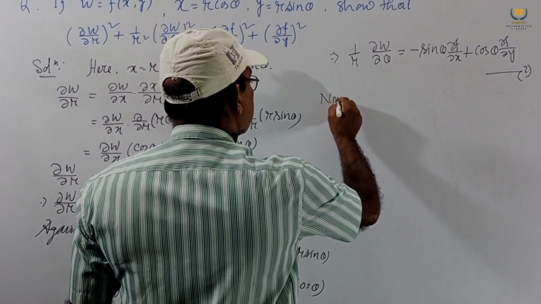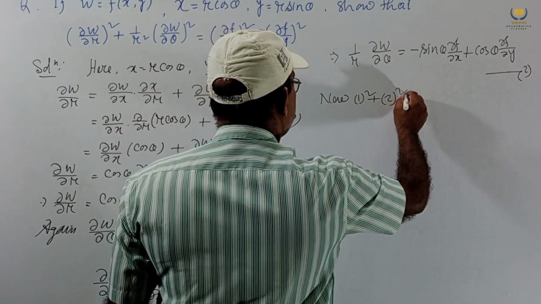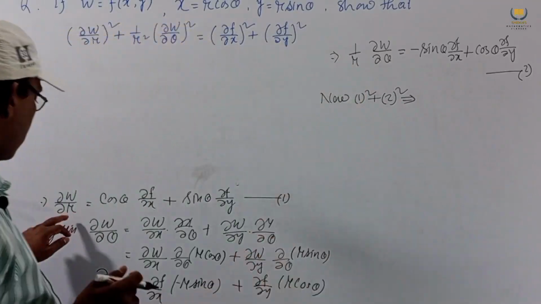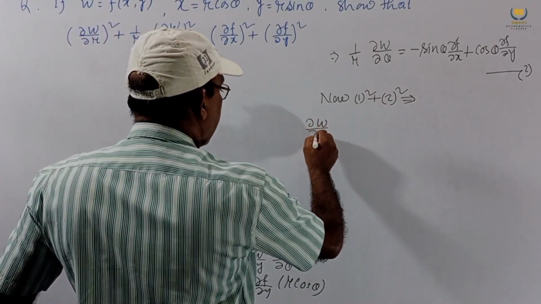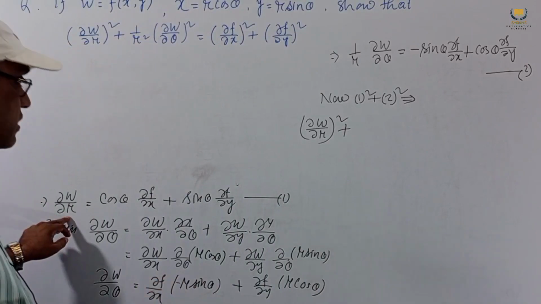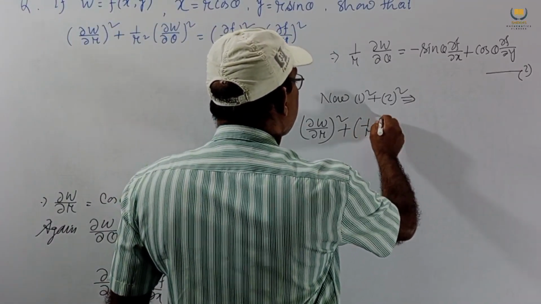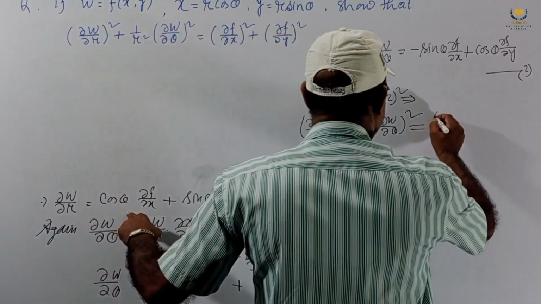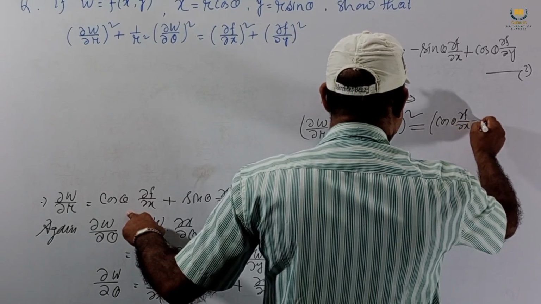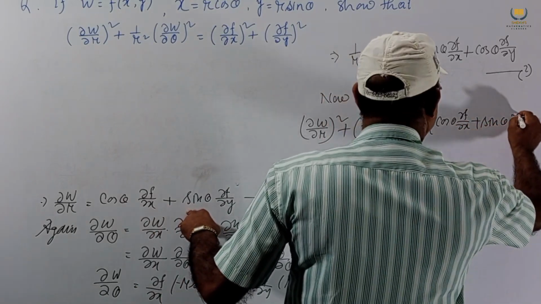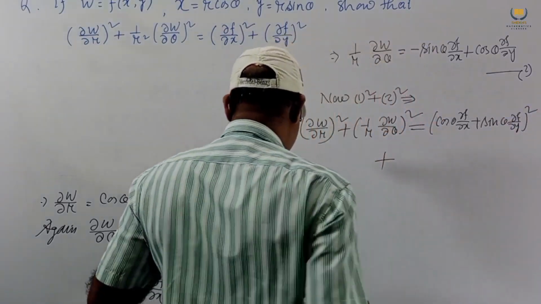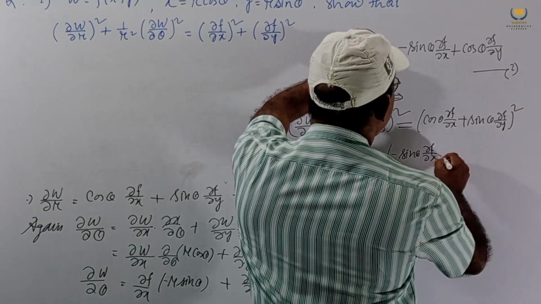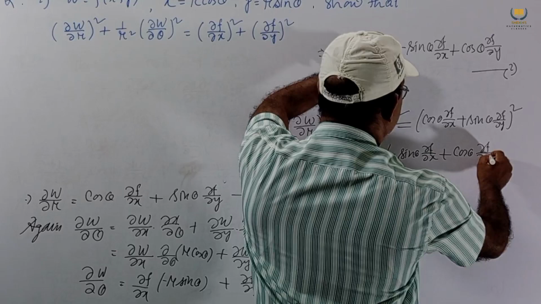Now 1 square plus 2 square implies: 1 square means (∂w/∂r)² plus this (1/r ∂w/∂θ)², and on the right hand side of 1, this is (cos θ ∂f/∂x + sin θ ∂f/∂y)² plus this one (−sin θ ∂f/∂x + cos θ ∂f/∂y)².